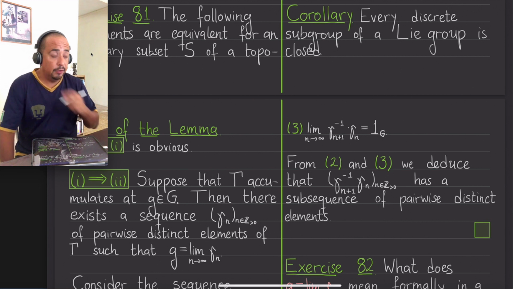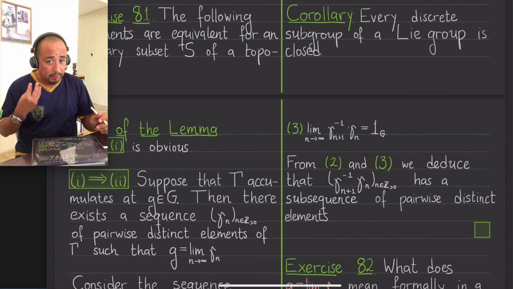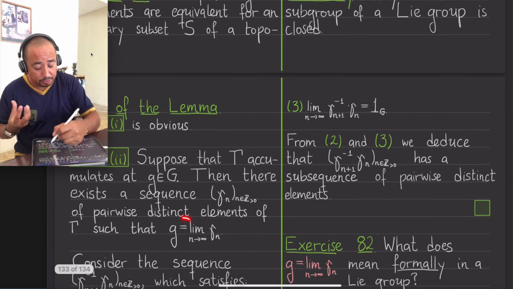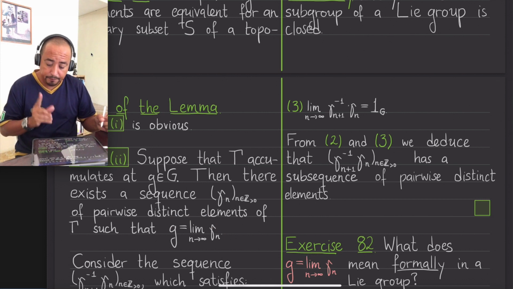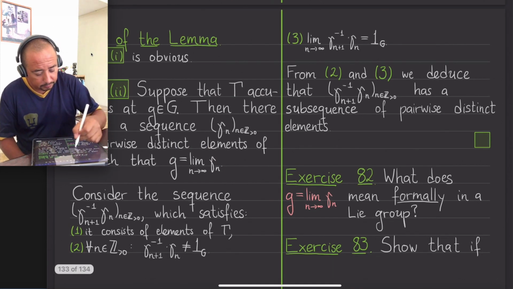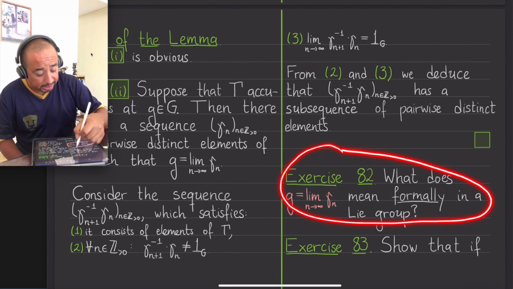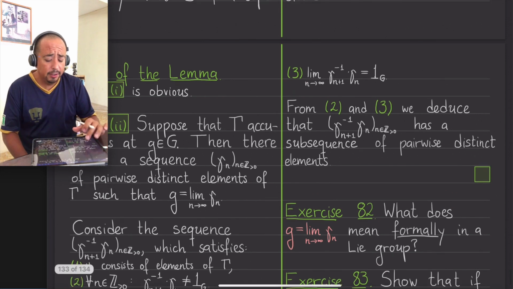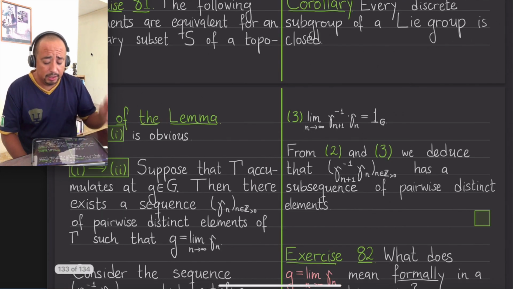And of course, there still is the question of what, formally speaking, it means to converge to that point in a Lie group. I would say it's not so hard to say, in exercise 82, because G is a Lie group. I mean, it's a manifold.